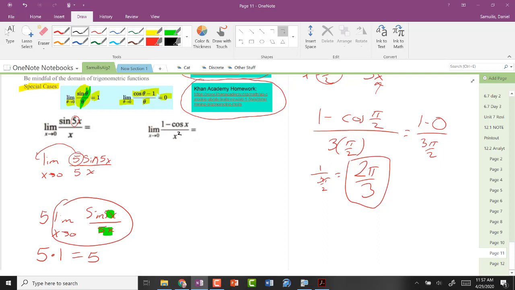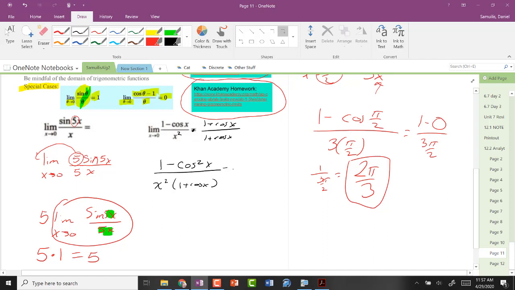So we're going to apply, again, a conjugate rule for this in order to move this progressively forward. What I'm going to do is multiply this by 1 plus the cosine of x over 1 plus the cosine of x. So that gives me 1 minus cosine squared of x over x squared times 1 plus cosine of x.